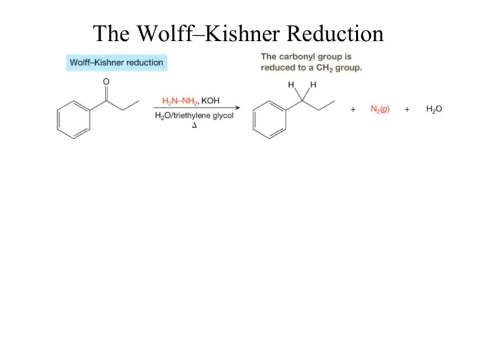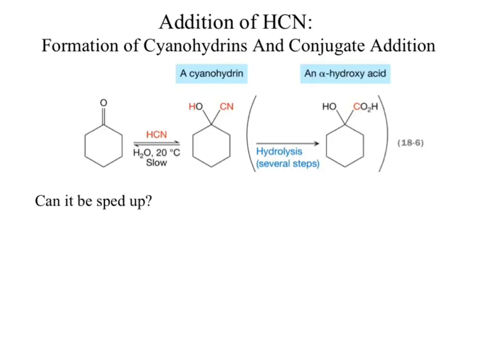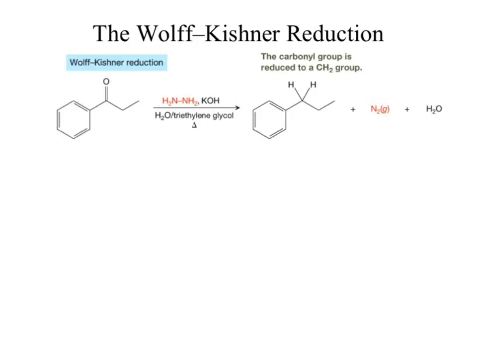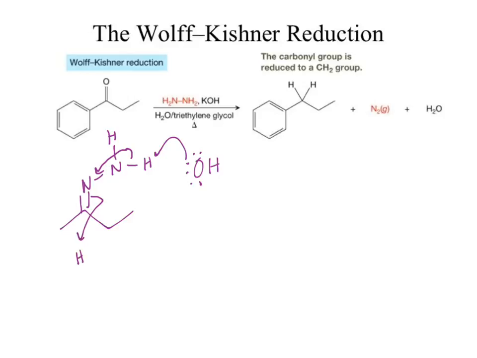What is happening in the Wolff-Kishner? You go through and form your effectively enamine or imine structure. KOH is a really strong base. Deprotonates. Can pick up hydrogen from somewhere in the environment, usually water in this case.